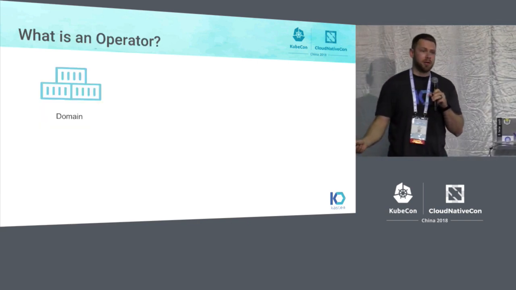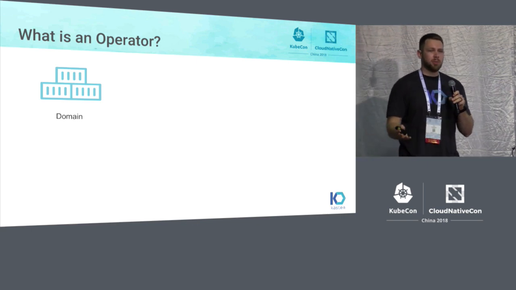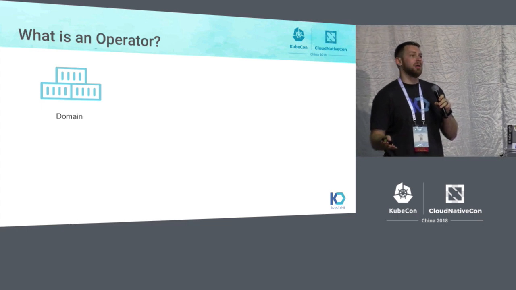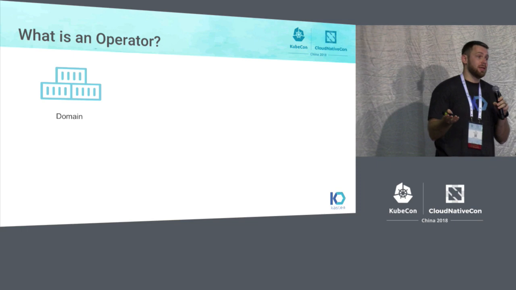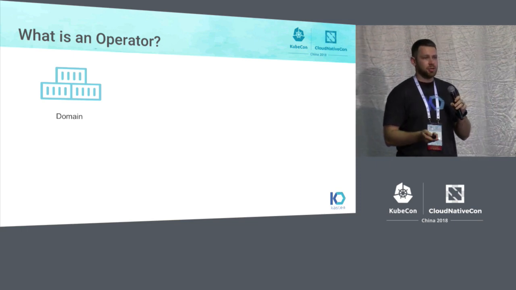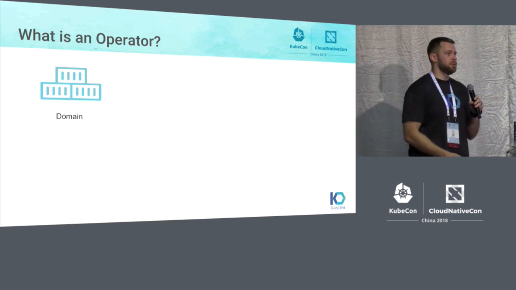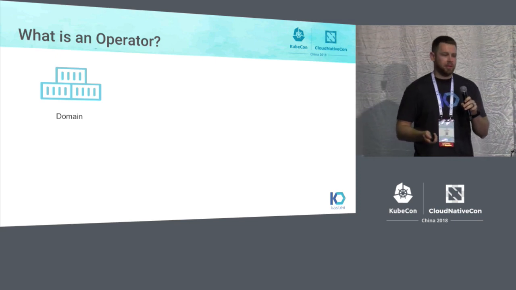So, what is an operator? You have an application which happily runs in Kubernetes, and you know everything about the operation of this application. Your DevOps or Ops people know everything. Let's call it domain knowledge of your application. It works fine, but this is the time when you want to do an upgrade, or it's time to scale down or change something.